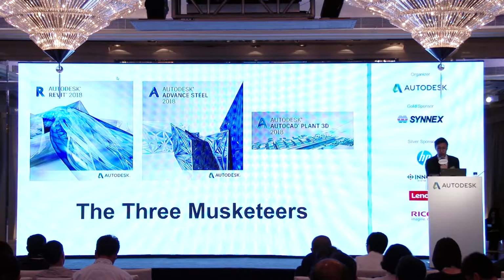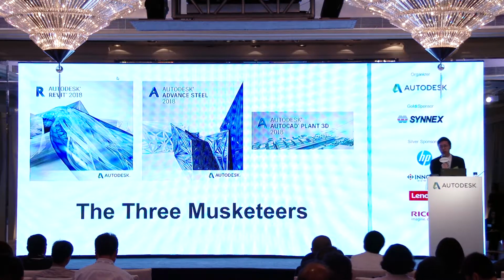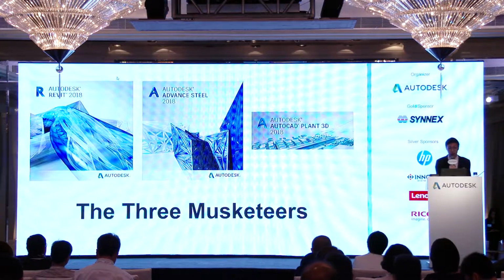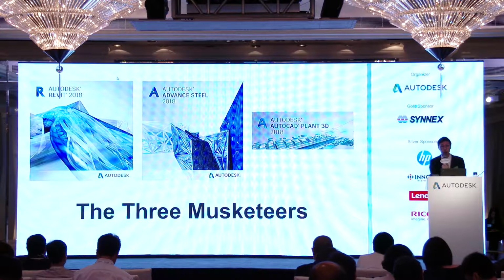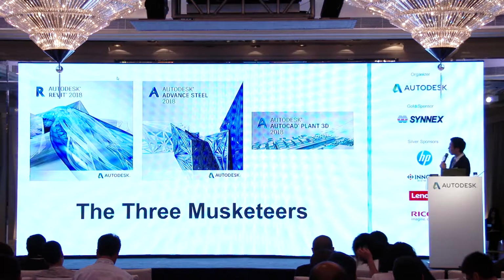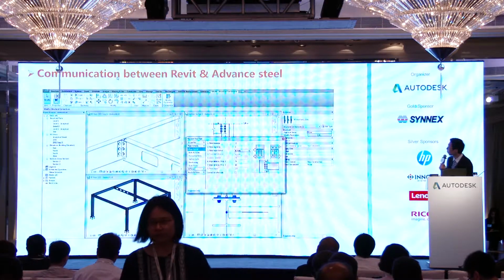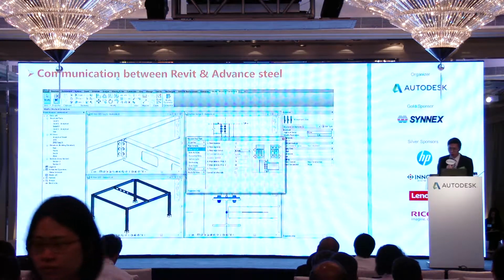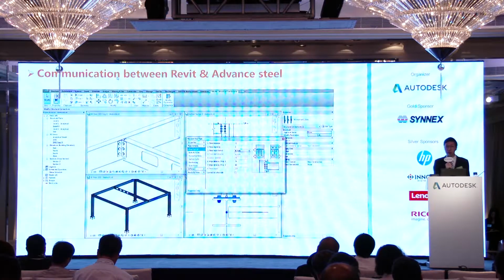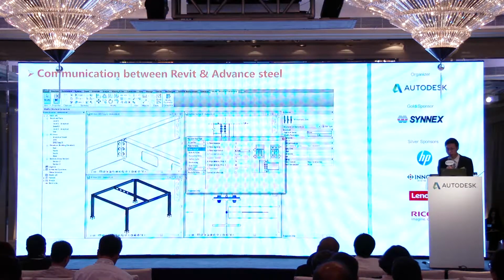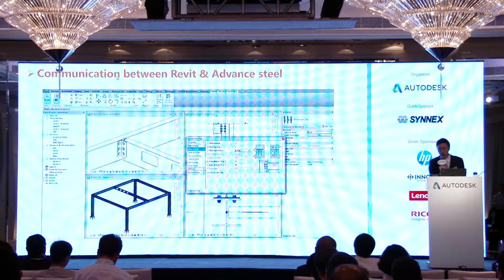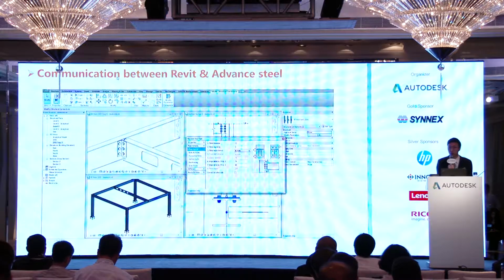Here are three powerful and friendly partners who will make the previous video become the real components, the real factory: Revit, Advanced Steel, and Plant 3D. With the latest release of Advanced Steel and Revit, it is now possible to transfer steel network models and steel connections between both packages.